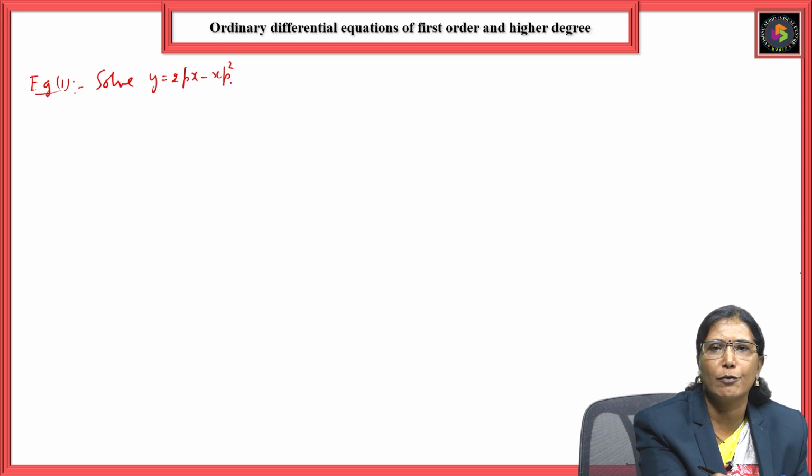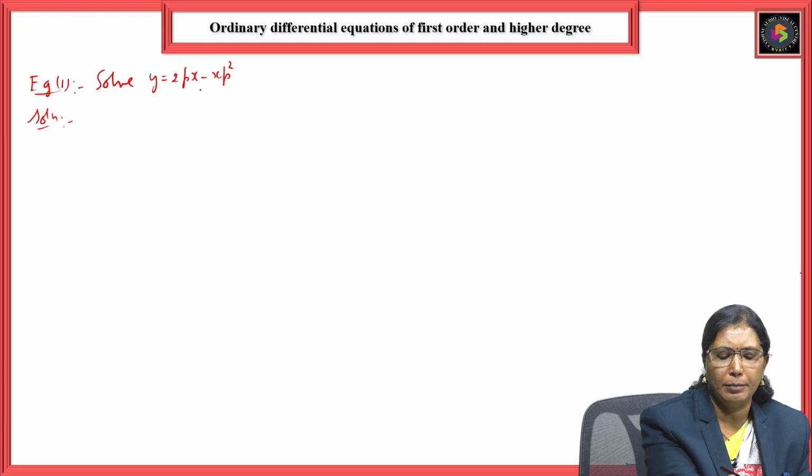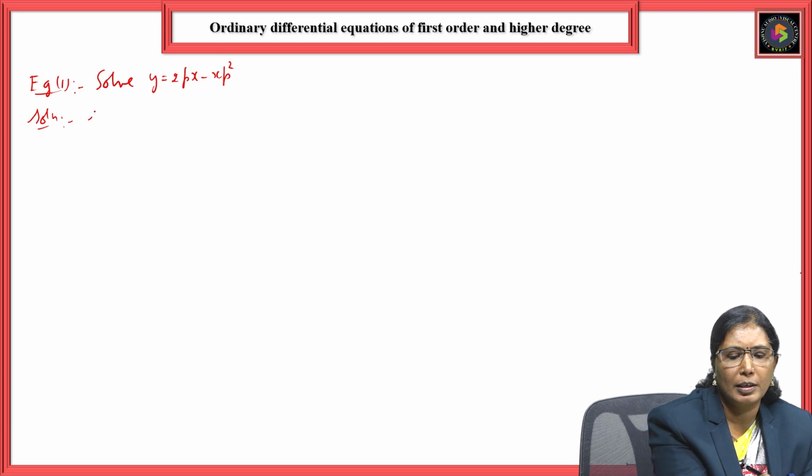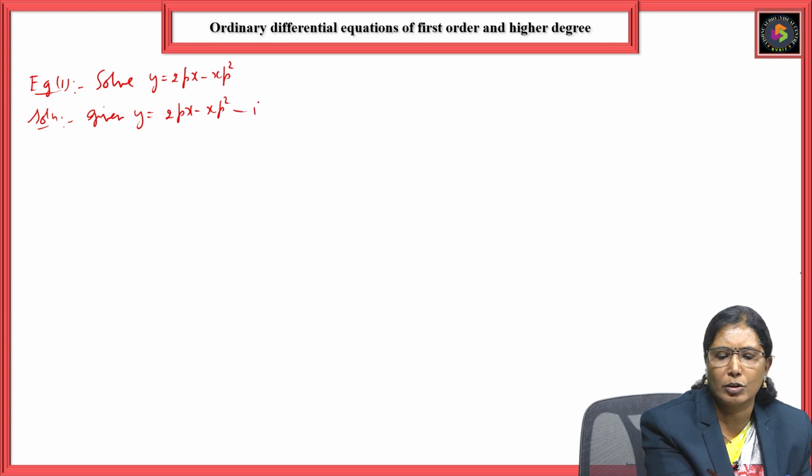So it is an ordinary differential equation of first order and higher degree. Now here you can see that y is in terms of x and p, so it is solvable for y. Take this equation as 1.